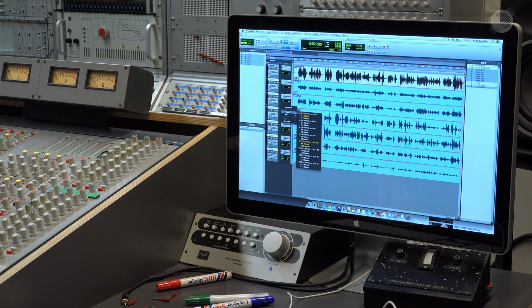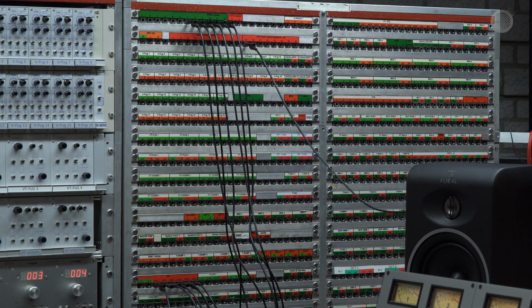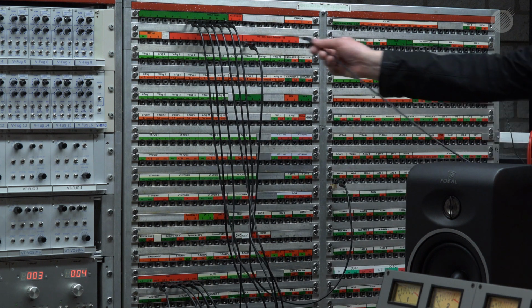Remember that 1 until 8 go to the mixing desk and 9 until 16 go to the patch bay directly, which in this case is very convenient. So these are the direct outputs of Pro Tools, direct outputs 9 until 16, and I'm going to send them to amplitude demodulators.